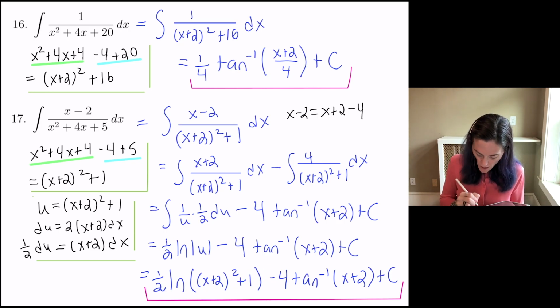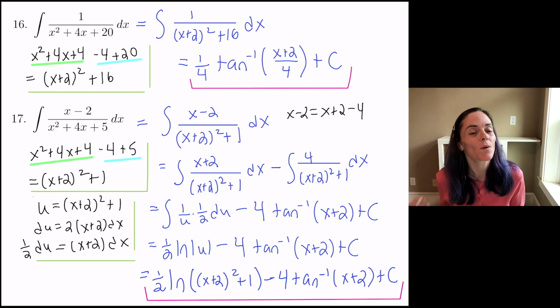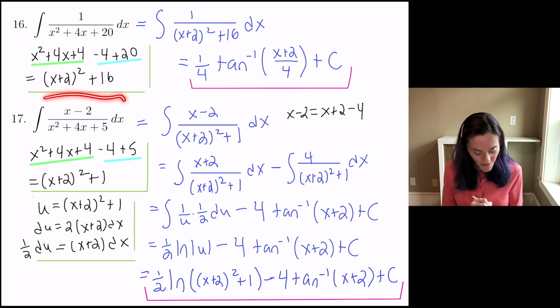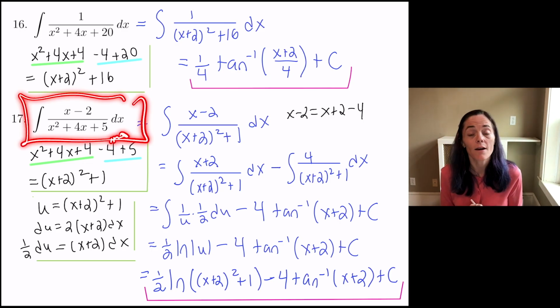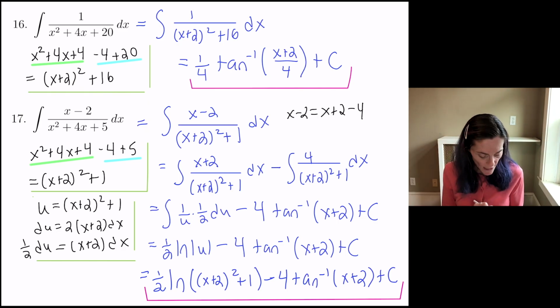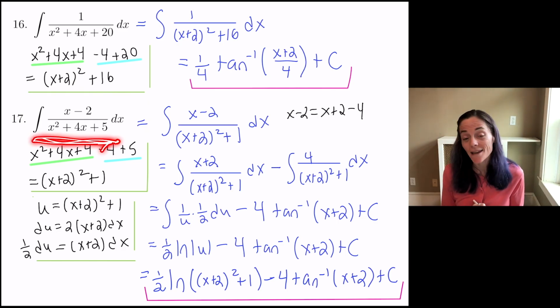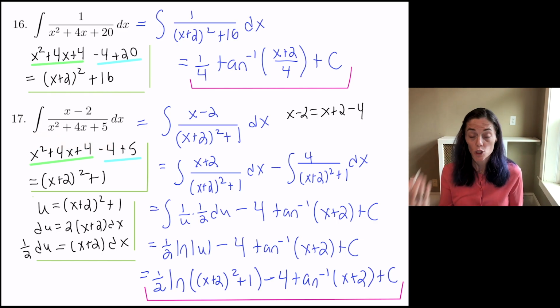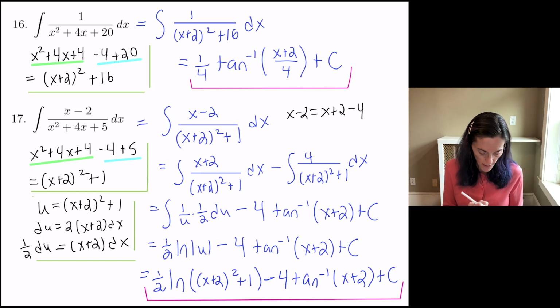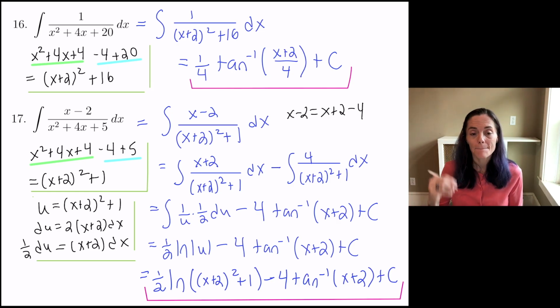Now, we are going to do one more where we complete the square, but one comment that I wanted to make here: quite often, if we stare at something like this, our first instinct is not to complete the square. Our first instinct would be, well, set up a partial fractions decomposition. But if you look at this quadratic in the denominator, the discriminant, which we know is 4 squared minus 4 times 5, so that's 16 minus 20, is negative.